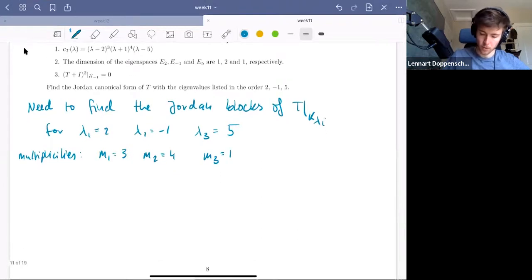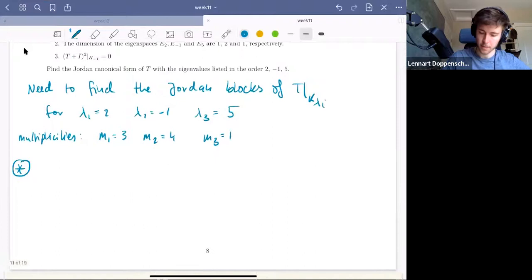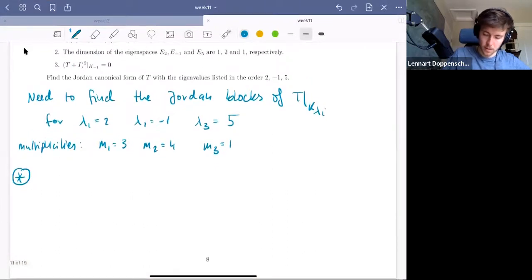So let's just go in order, and let's start with the first generalized eigenspace.